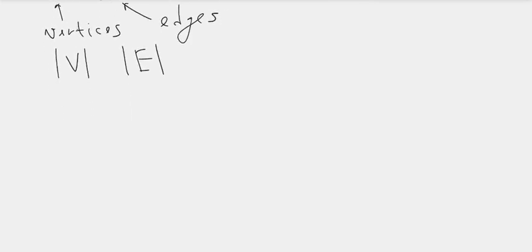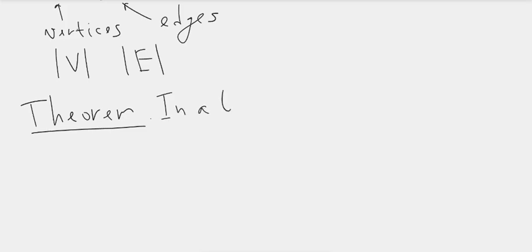So we have a theorem that says that in a tree the number of vertices is equal to the number of edges plus 1.